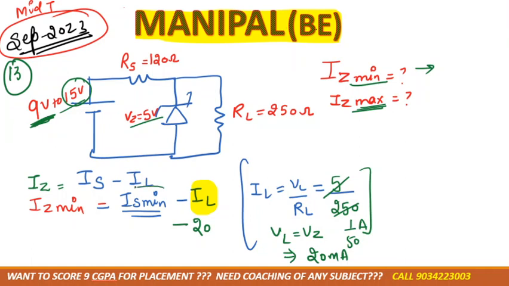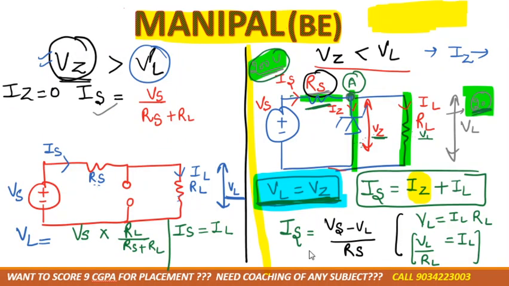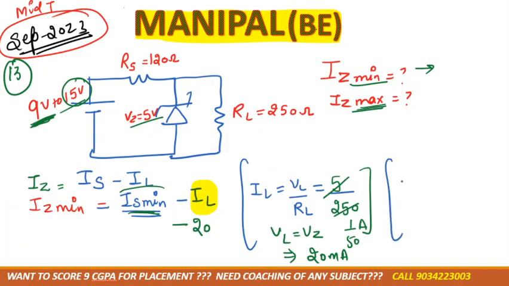Very good. Now next we need to calculate IS minimum. Back to this IS formula, as I told you: VS minus VL divided by RS. I'm writing down the formula over here. IS would be equal to VS minus VL over RS.